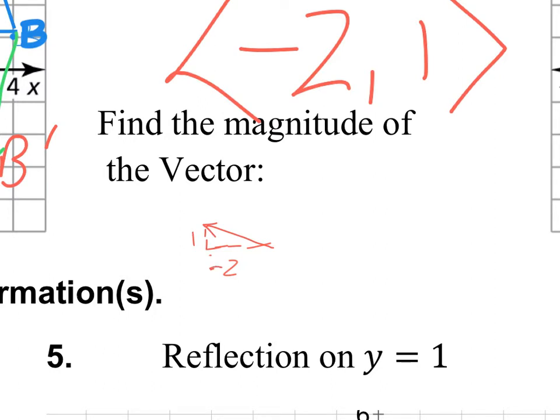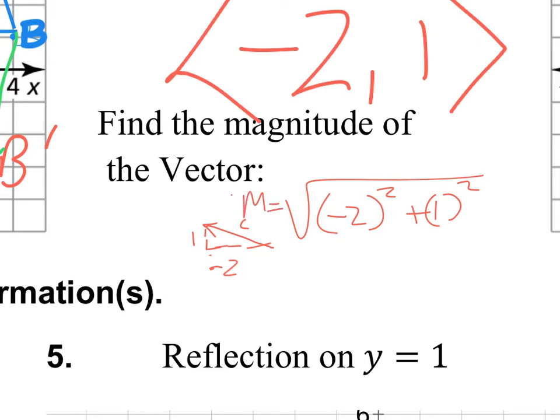So the magnitude is, again, the Pythagorean theorem. We could take -2 and square it, take 1 and square it, and we're going to square root because we're finding the length of that. And so the magnitude, we could call that M, let's call it M, that's fine.